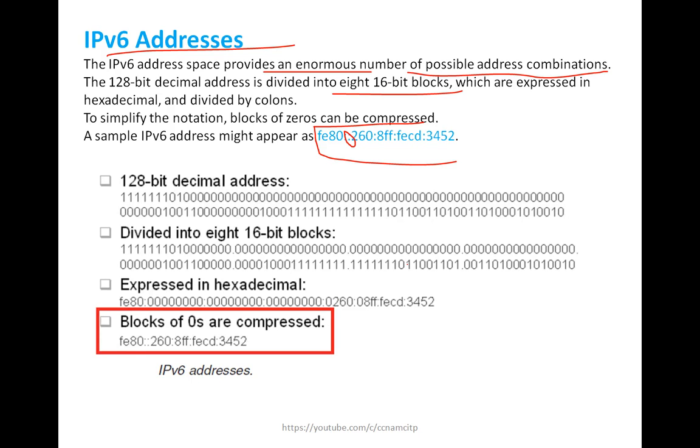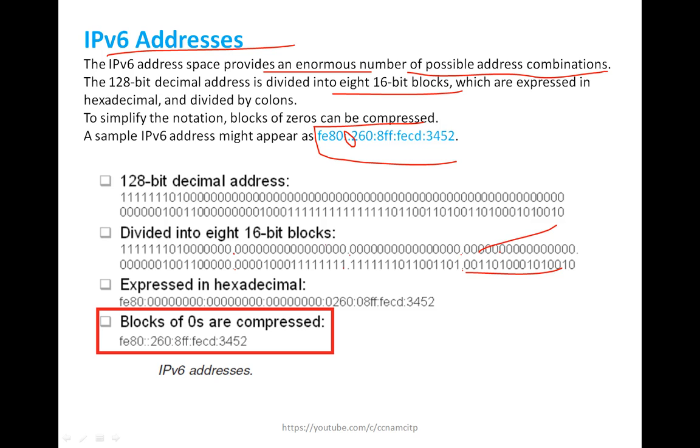And if you want it in detail, this is what you can see in a 128-bit address. You can calculate like this and divide it into eight 16-bit blocks. Again you can count: this is 1, this is 2, this is 3, 4, 5, 6, 7, 8.